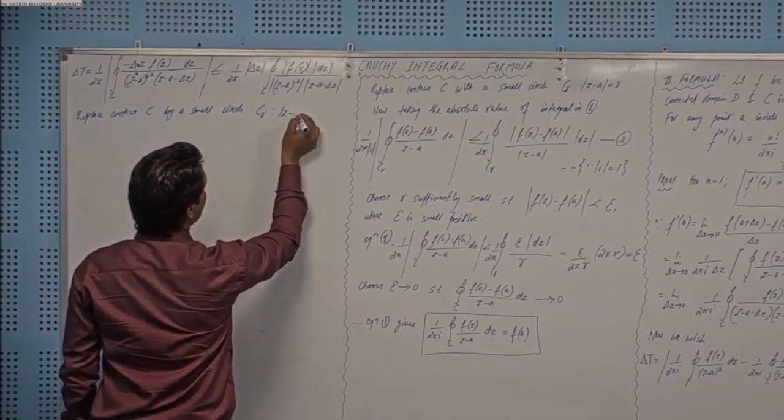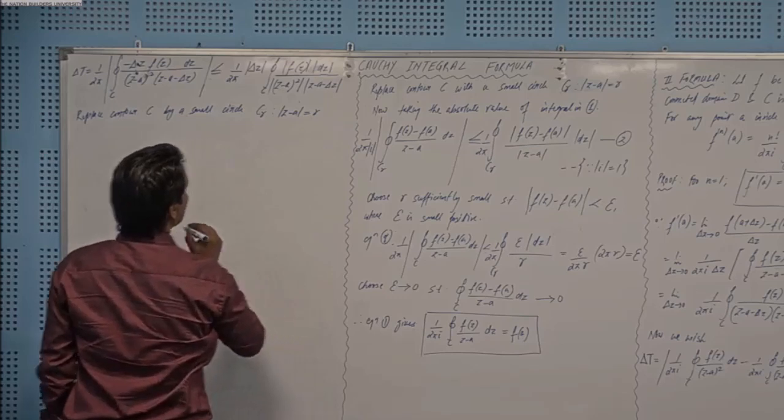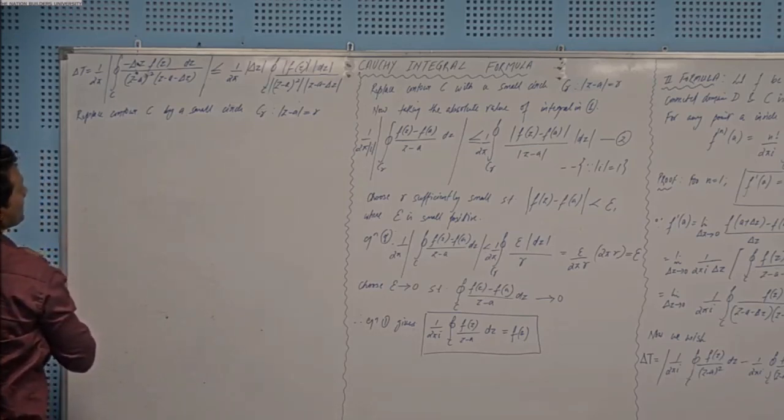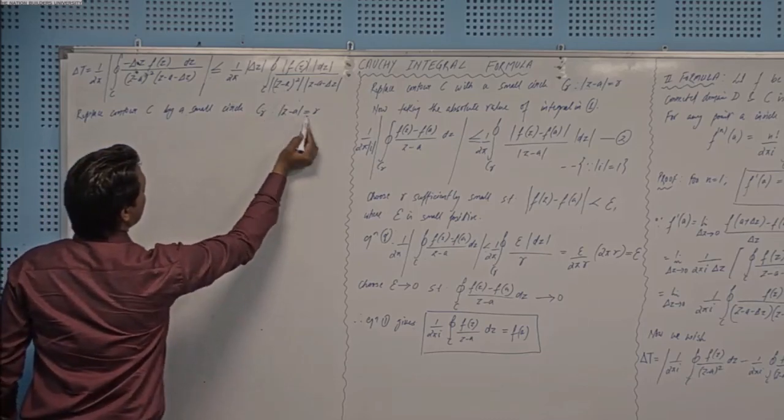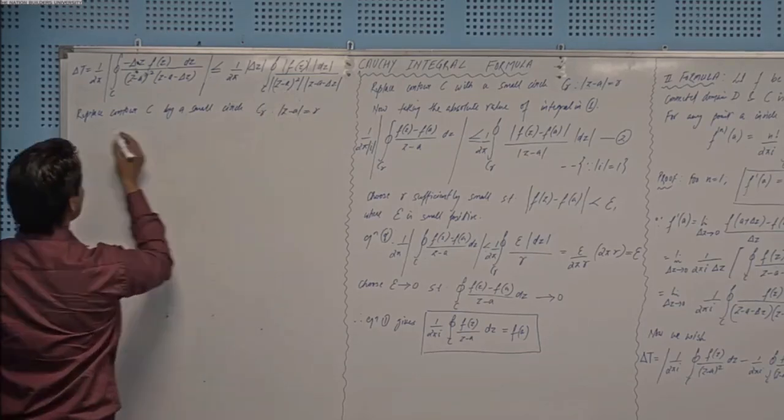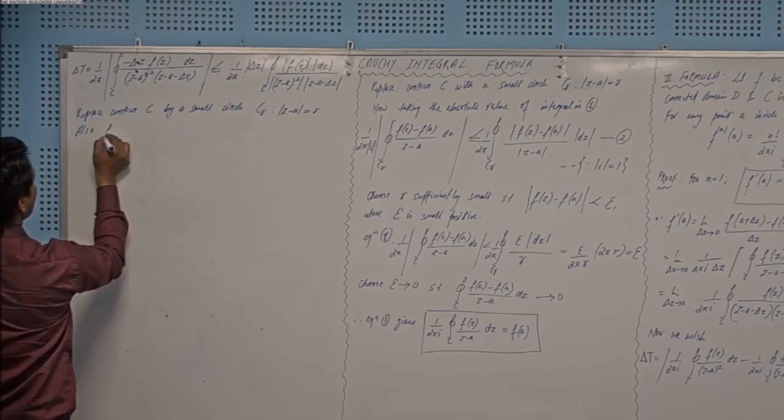That will produce modulus of z minus a equal to small r, and this z minus a will be replaced by this one.